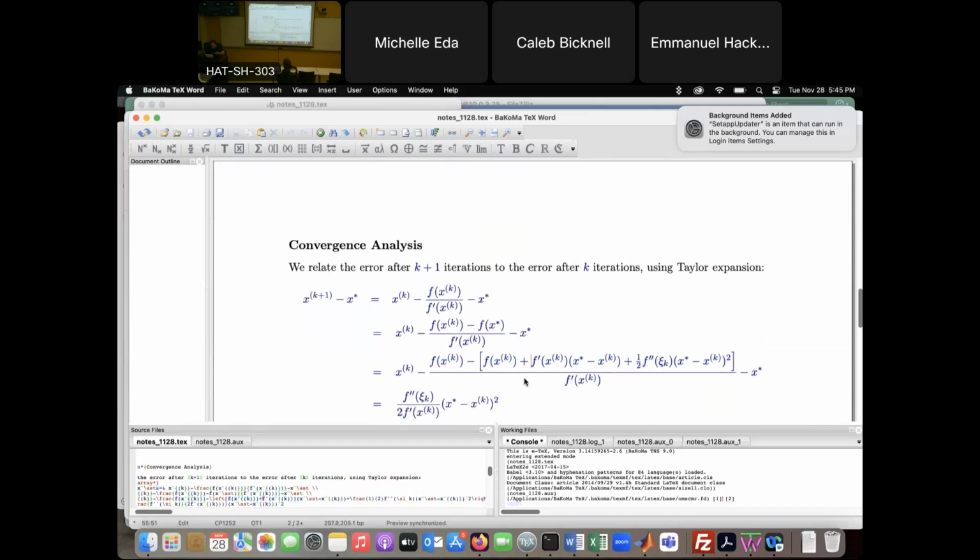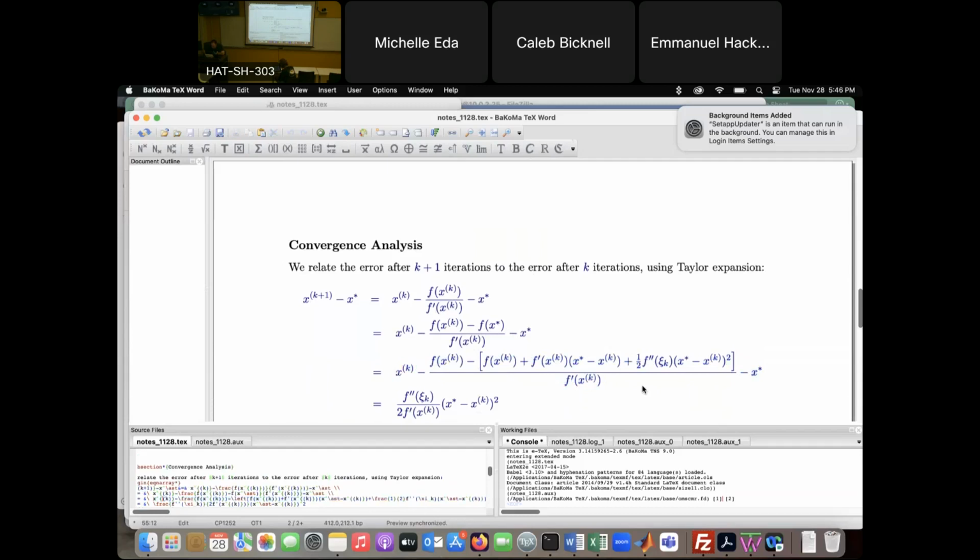Then, if I look at this part that has f prime of xk, the f primes will cancel, and then I have x star minus xk. But this x star will cancel with this one, and this xk will cancel with this xk. So in other words, almost everything here is going to cancel.